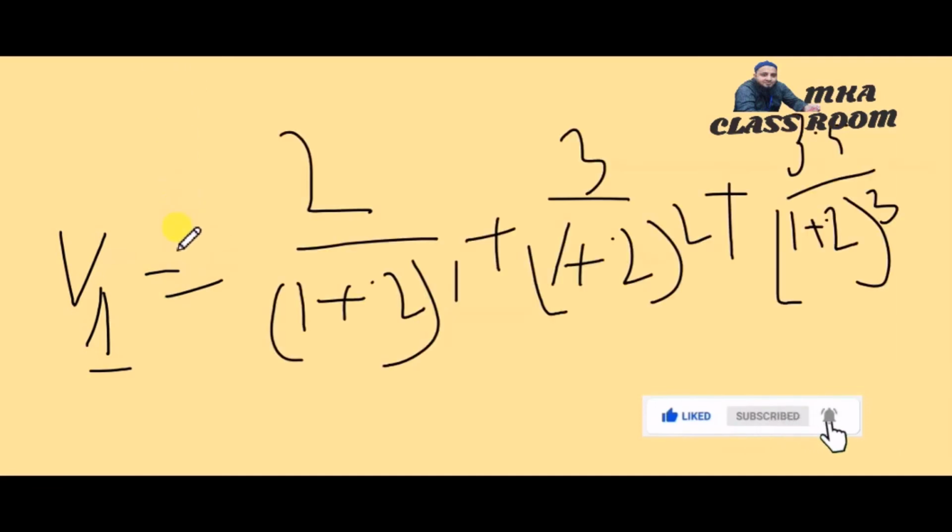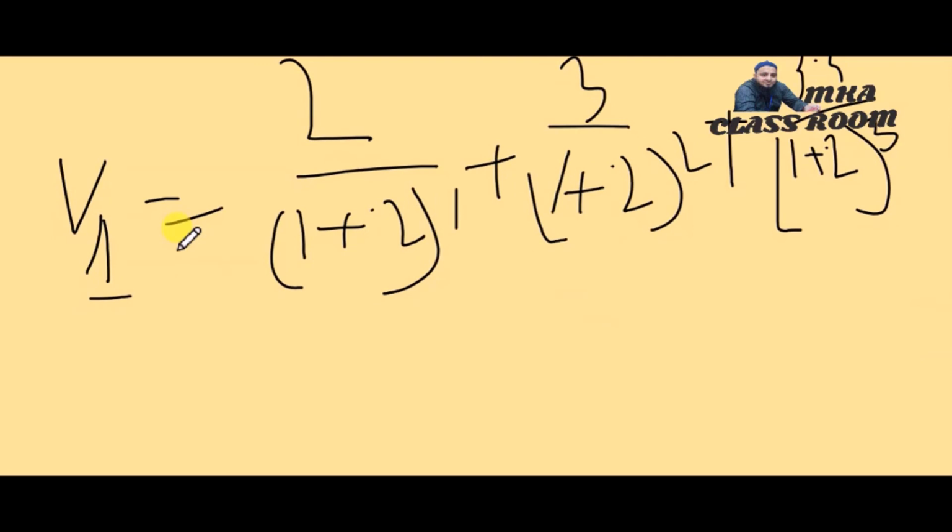From our problem we see the next year dividend is expected to be 2, after that 3 and 3.5. So from our valuation model, V1, we can get the present value of dividends.